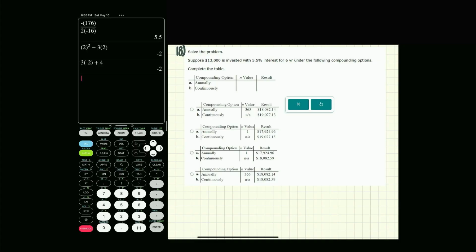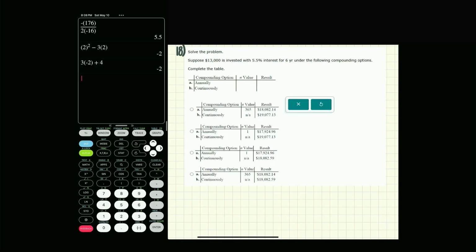I'm going to have to look back on this problem to make sure there wasn't some information that didn't get copied in here. But what we can do is maybe start with the continuous compounding, because it looks like, oh, no, I see what they're saying. Scratch that. They're saying part A is compounded annually.